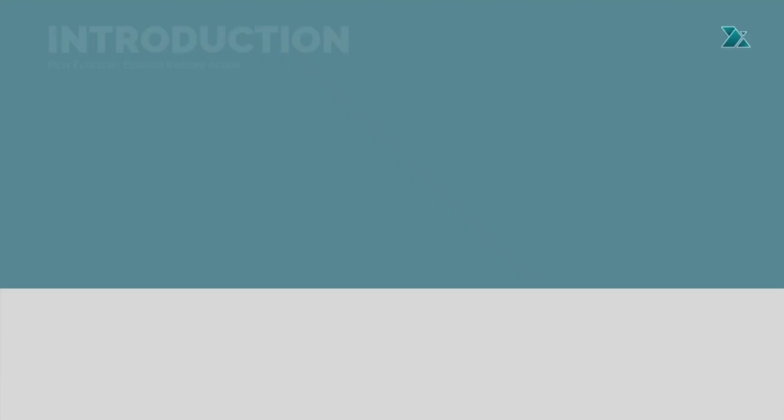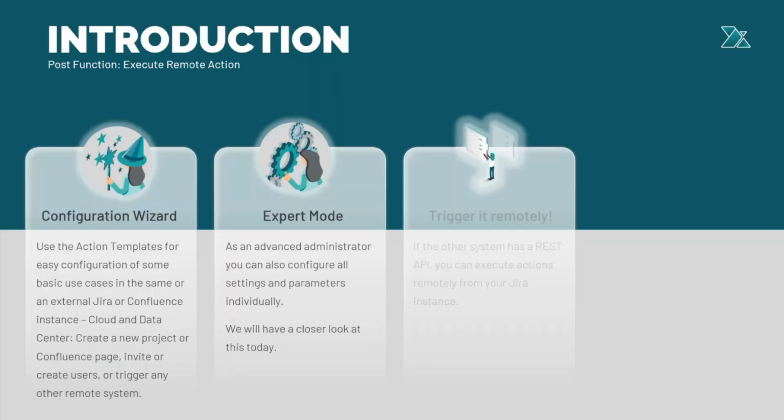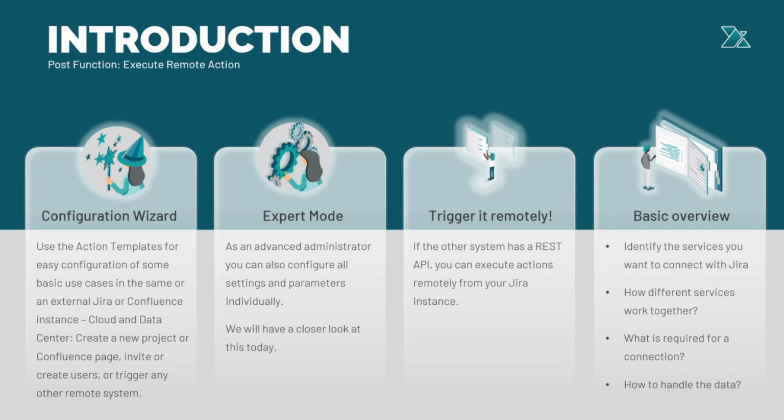First of all, the introduction. The execute remote action, when you want to configure it, brings a wizard. We have prepared several action templates for easy configuration of some business use cases on the same or an external Jira or Confluence instance in cloud and data center.